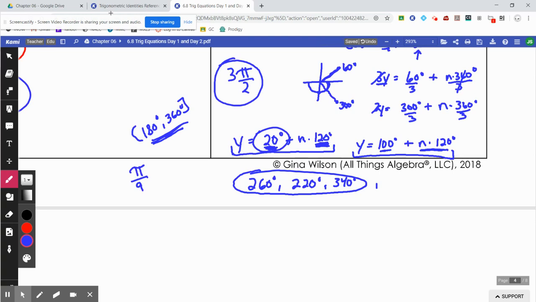So this would be 11 of those, so 11 pi over 9 would be one answer. This would be 1320, so that'd be 13 pi over 9. And this would be 1720, so there'd be 17 pi over 9. So there's all of your angles in radian measures now. So 3 pi over 2, and those three answers are all of our solutions.